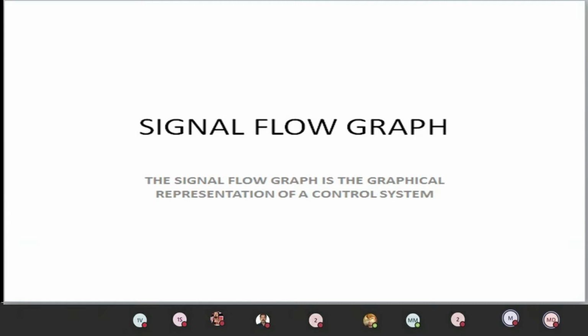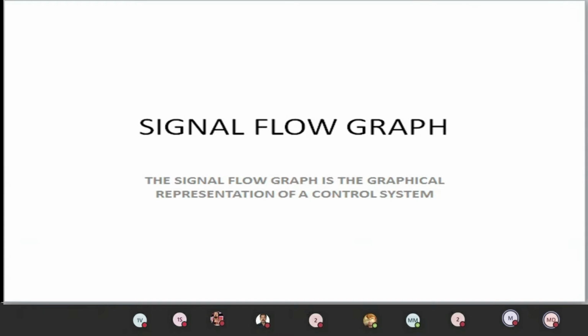In our previous session, we saw how different components of a block are connected together to determine the transfer function. In this session, we are going to see how we can utilize the signal flow graph to determine the transfer function of the control system.